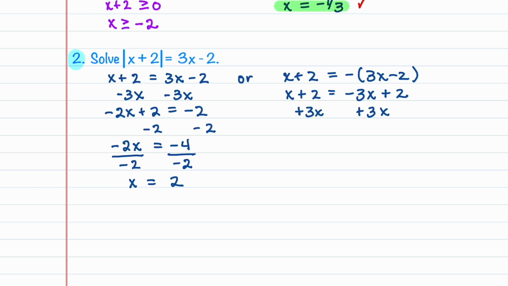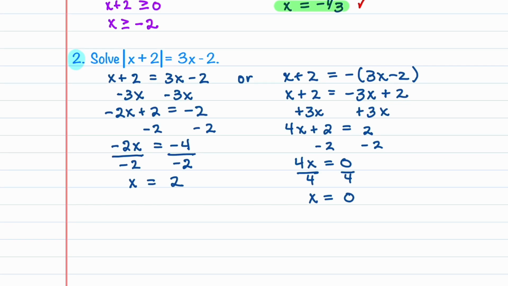This gives us a 4x plus 2 on the left, and then we have a 2 on the right. Now we're going to pull our constants to the right, so we subtract 2, and this gives us 4x is equal to 0, and then we just divide both sides by 4, and we get the solution x is equal to 0.